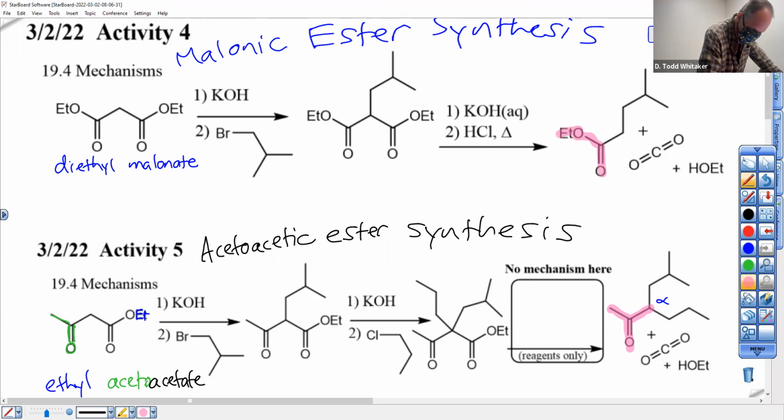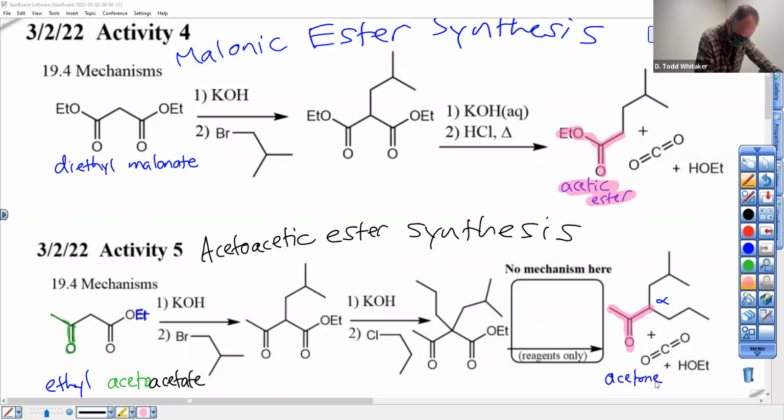Sorry, you don't get a malonic ester, I apologize. You get an ester of acetic acid with a new group up there. Acetic ester is highlighted. Acetone is highlighted down here.